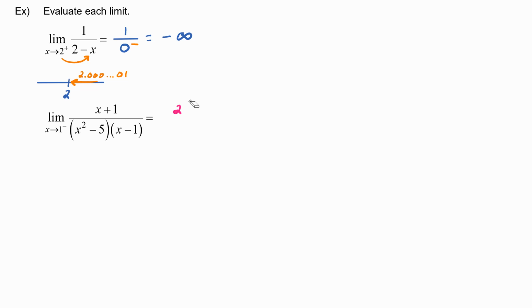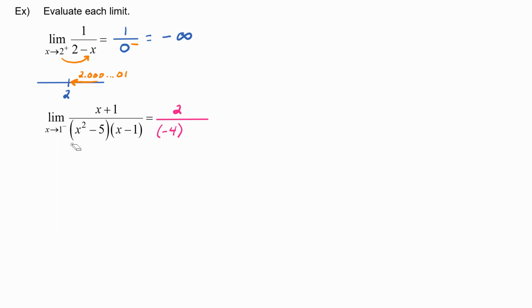It's a positive 2 no matter which way we're going after it. If we put the 1 in, we have 1 squared is 1 minus 5 gives us a negative 4. And it doesn't matter whether it's approaching negative 4 from the right or from the left. It's always going to be negative 4.